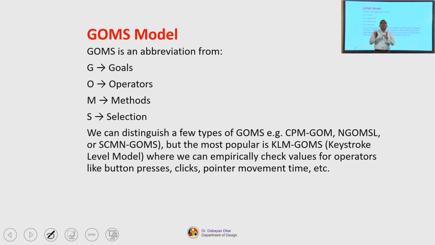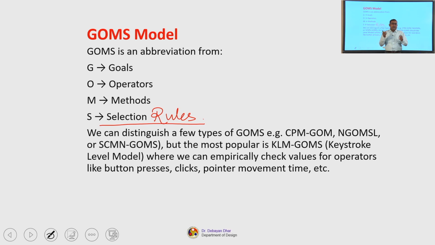Now, GOMS is an acronym. G stands for goals, O for operators, M for methods, and S for selection rules. We can distinguish a few types of GOMS in the literature.